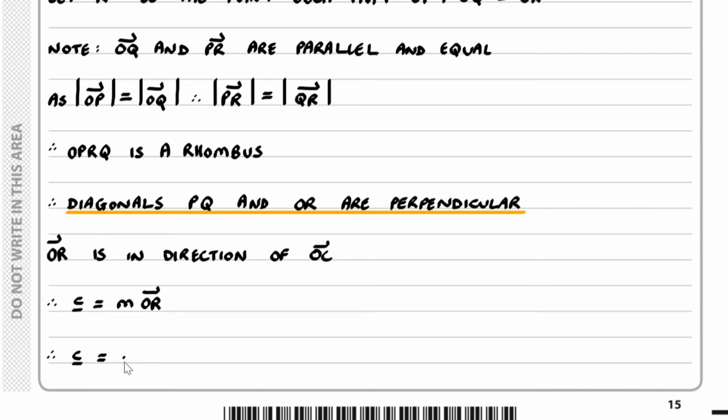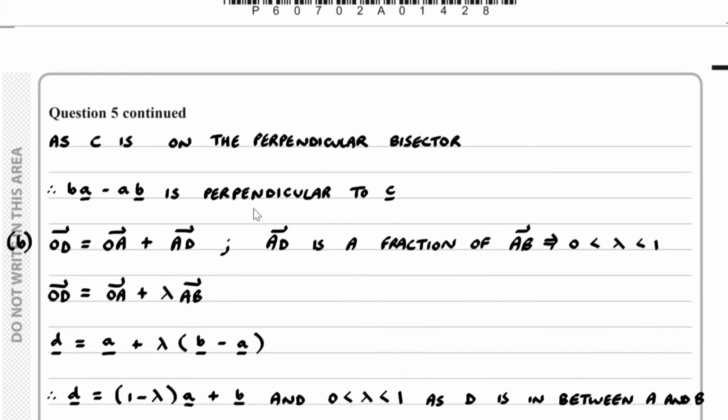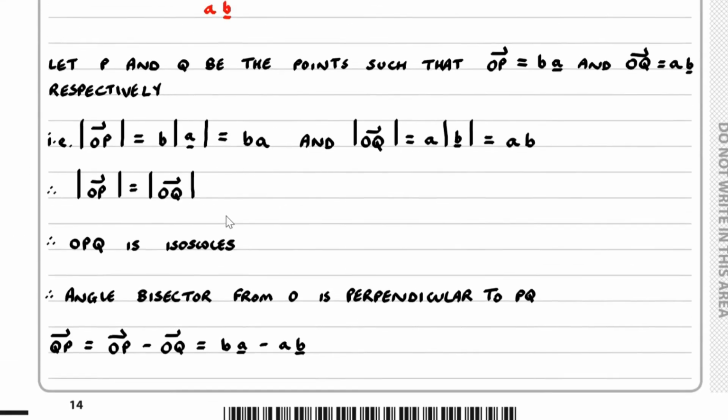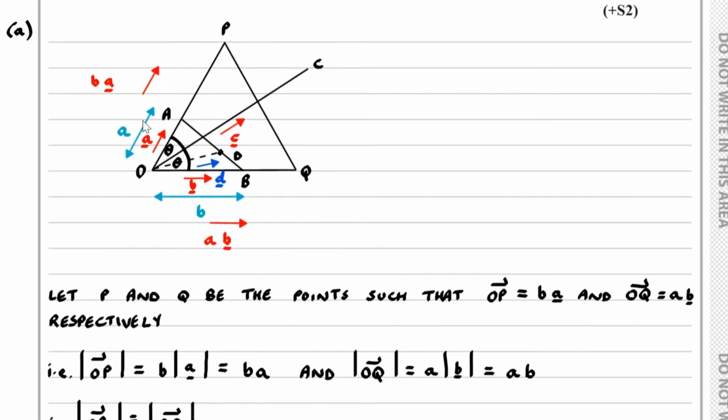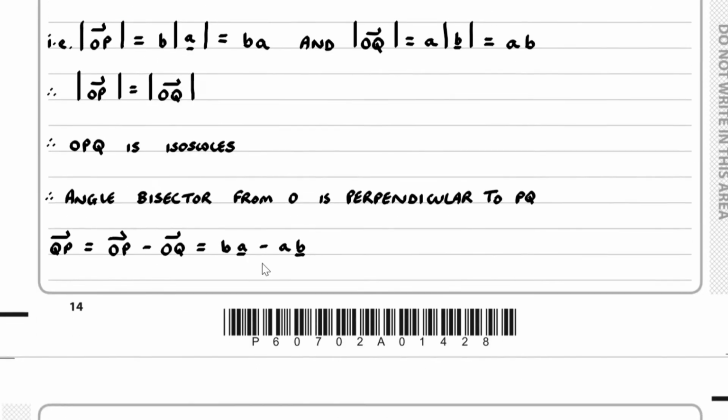So C is equal to M multiplied by OP plus OQ. And we know what OP and OQ are. If we remember what we said earlier and go back to our previous diagram, OP is BA and OQ is AB.